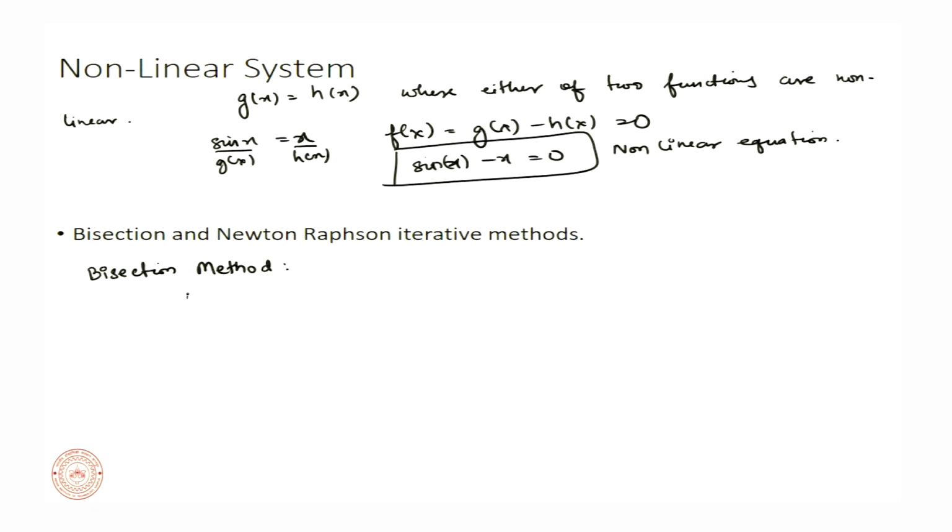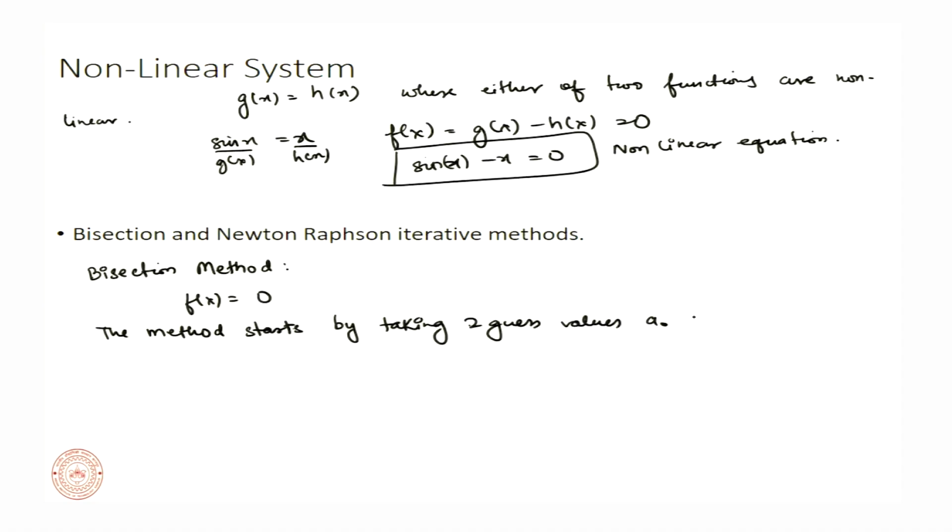again we take the same f(x) which is equal to 0. So we have a function f(x). The method starts by taking two guess values, a naught and b naught.